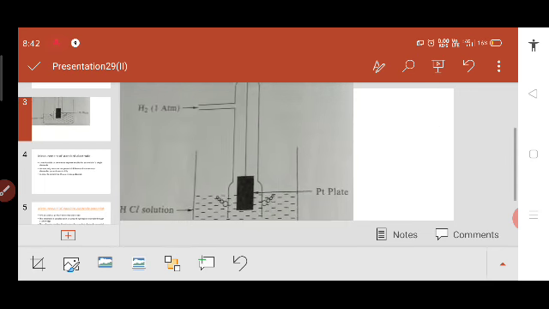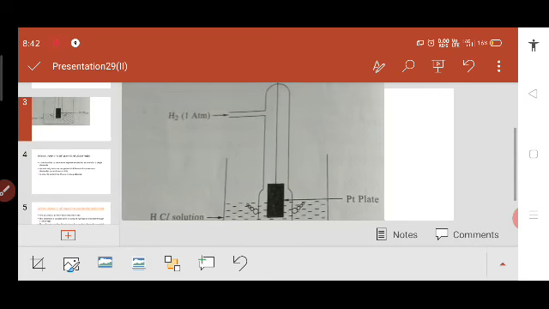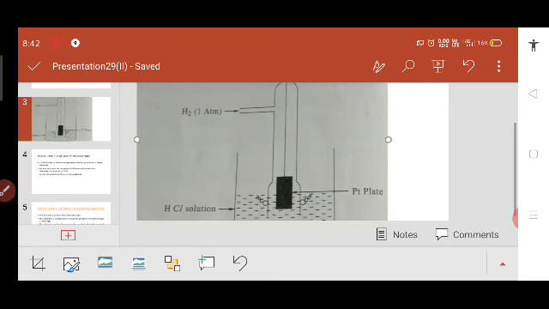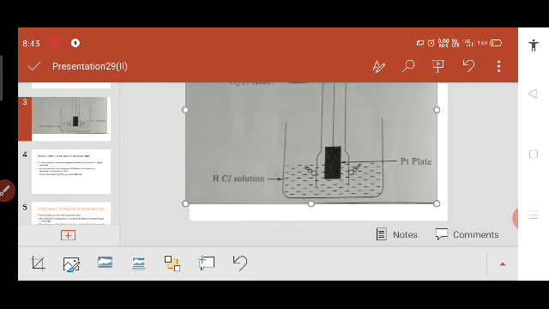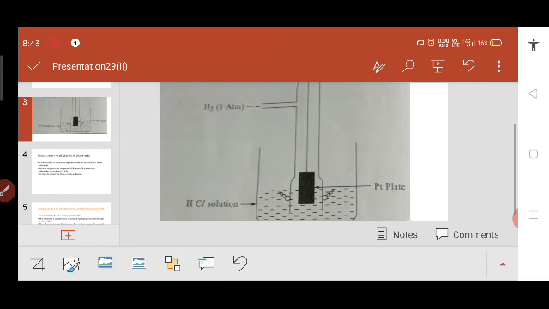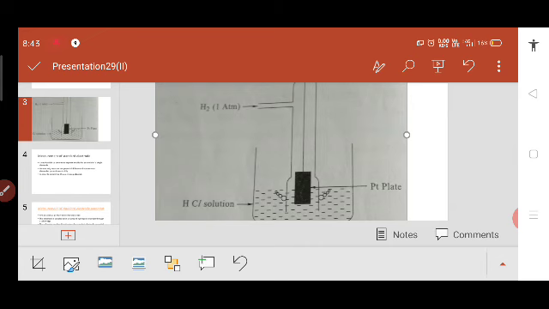This is the construction of the standard hydrogen electrode. It is a single electrode. Its electrode potential we take as 0.